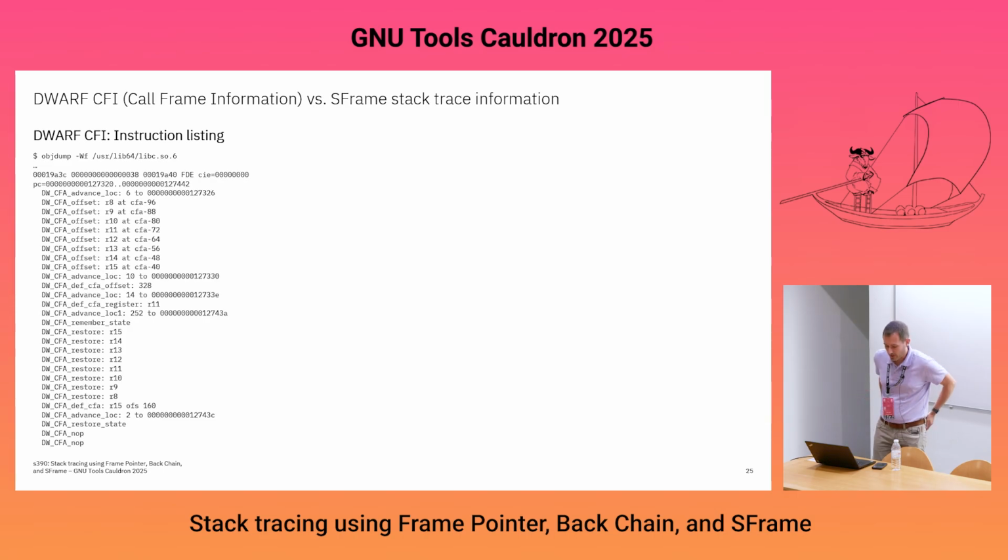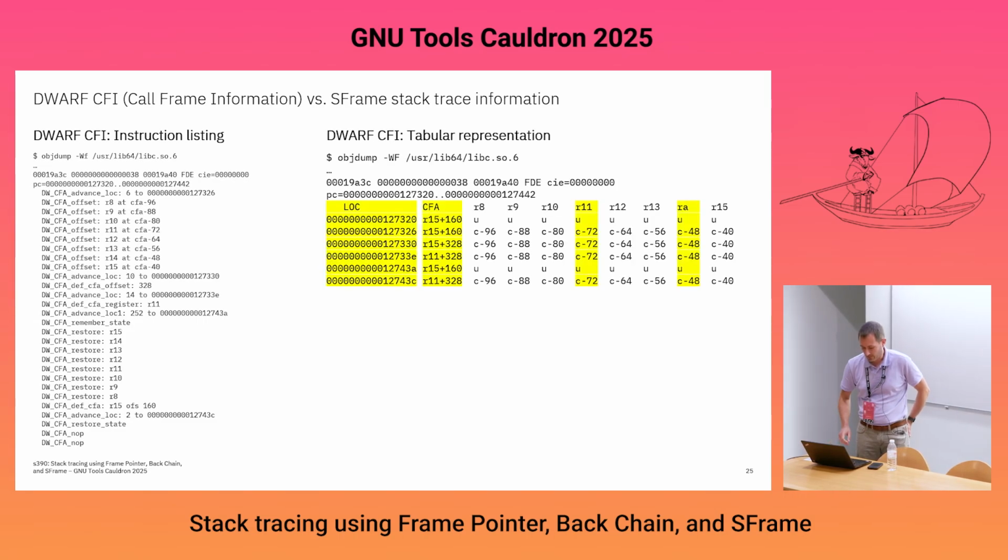To compare DWARF CFI against SFrame, so you get a rough idea: on the left, we have DWARF CFI in this instruction listing representation for a sample function. This roughly represents how DWARF is also saved in the format. As this is not very friendly to read, there is this tabular representation.